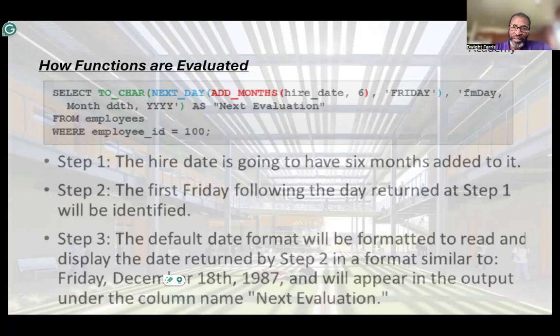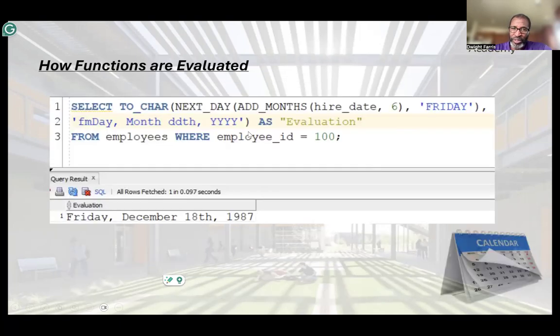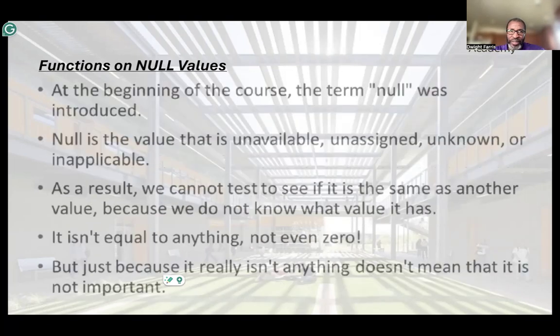The first Friday following the day returned at step 1 will be identified. That's NEXT_DAY, and then all of that is converted to a char. Make sure you understand that particular query and how it's evaluated, as that is important to your expected results.